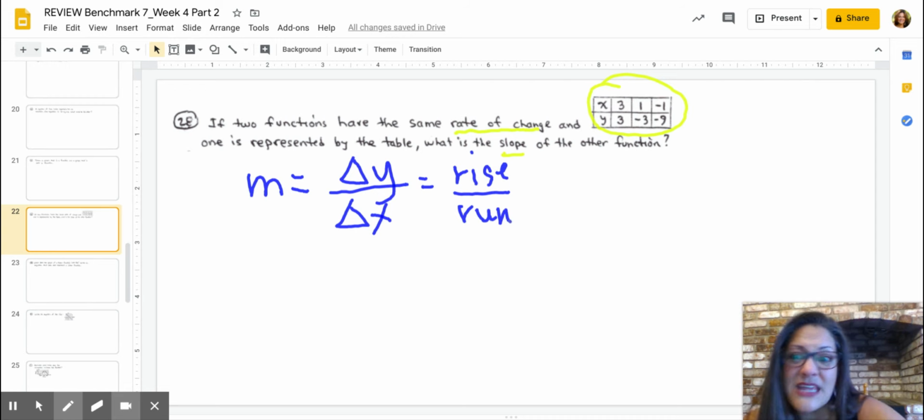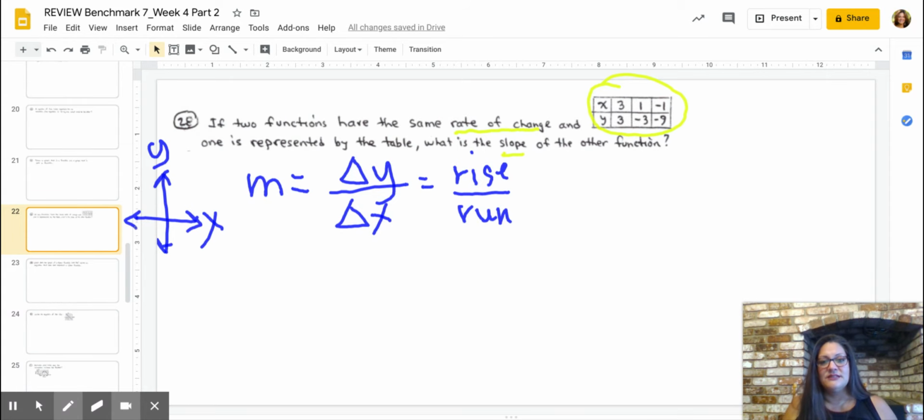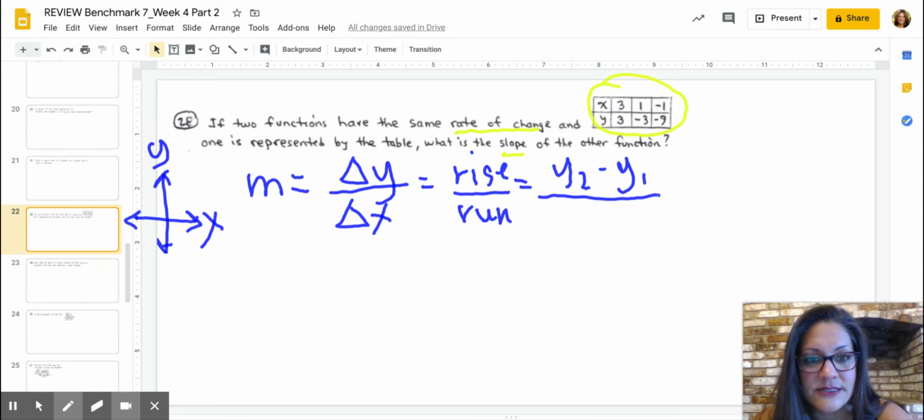And if you think about that on your graph, rise is the y because it goes up and down, up and down. X is the run because that one goes left and right. Okay, so the way that we say the change in y is y2 minus y1 over the change in x, and that will be x2 minus x1.